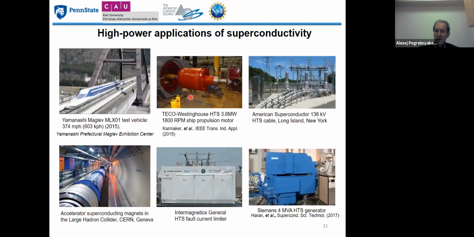And other applications of superconductivity include high power applications, where levitation of magnets is used.